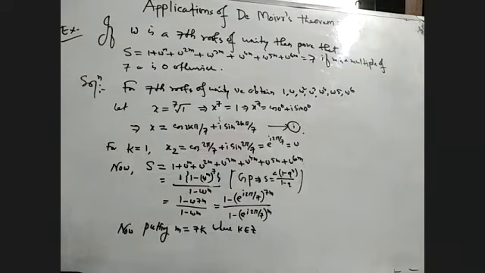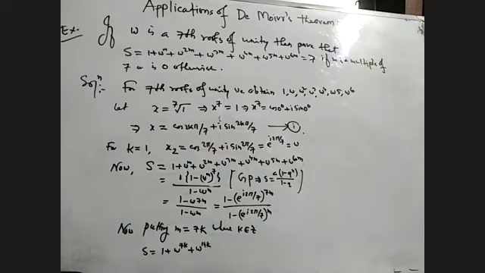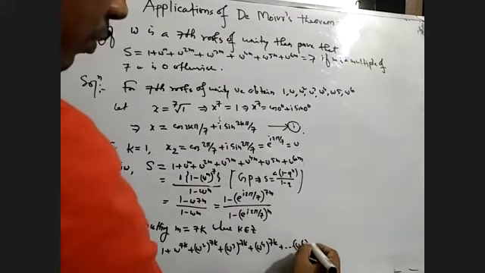Just putting m equals 7k, this sum S can be written as 1 plus omega to the power 7k plus omega to the power 14k, or this can be written as omega square to the power 7k plus omega cube to the power 7k plus omega to the power 4 to 7k, and so on. The last term is omega to the power 6 to the power 7k.